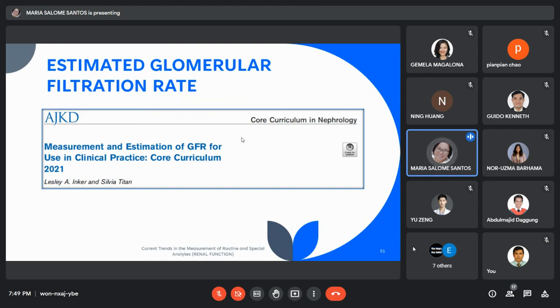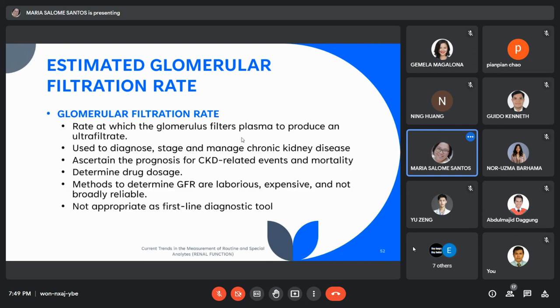Next is the estimated glomerular filtration rate. Discussion will be based on the article "Measurement and Estimation of GFR for Use in Clinical Practice: Core Curriculum 2021." So GFR is the rate at which the glomerulus filters plasma to produce an ultrafiltrate.